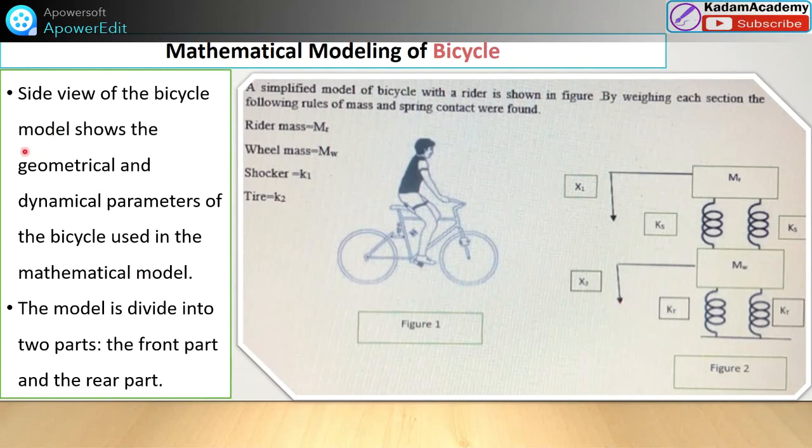The side view of this bicycle model shows the geometrical and dynamical parameters of a bicycle used in the mathematical model, so that it will be clear to you what its parts are. It is divided into two parts, the front part and the rear part, and the rider part. The rider we also have to consider.